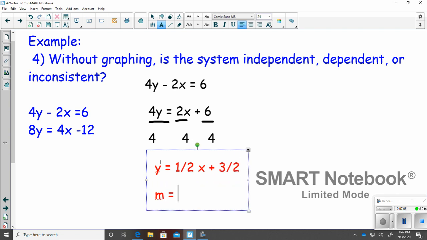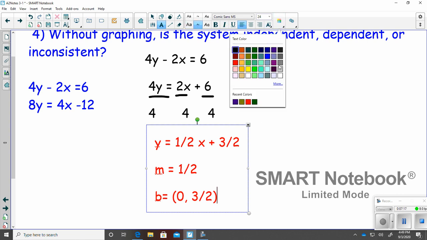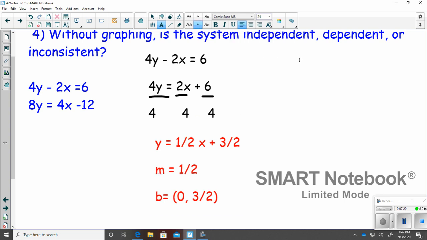So my slope is going to be 1/2, and my b is going to be the point (0, 3/2). Okay, that looks good. And we're going to take the second equation.